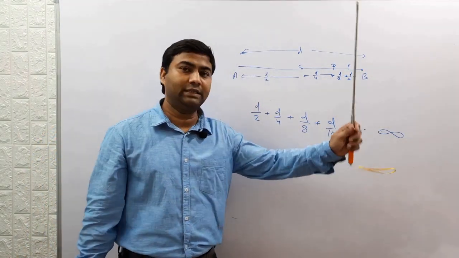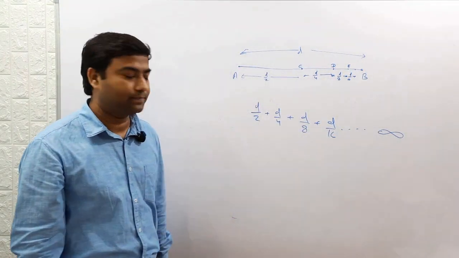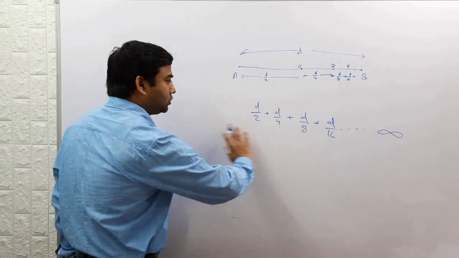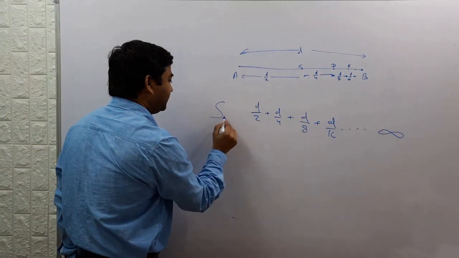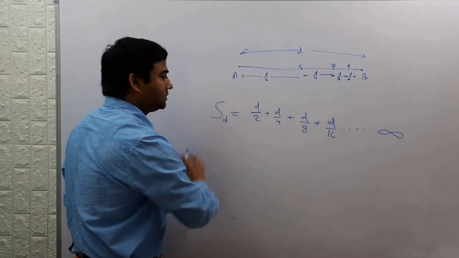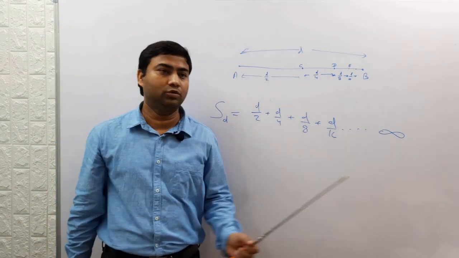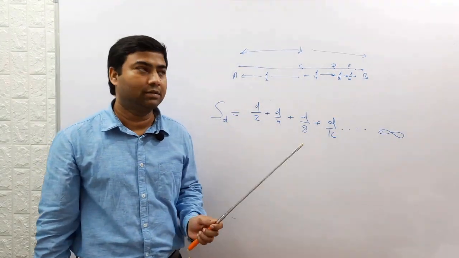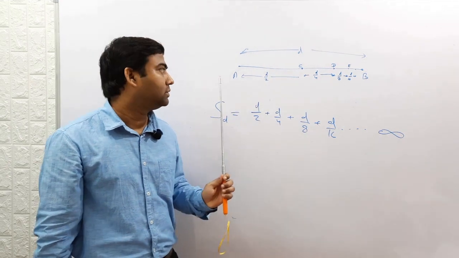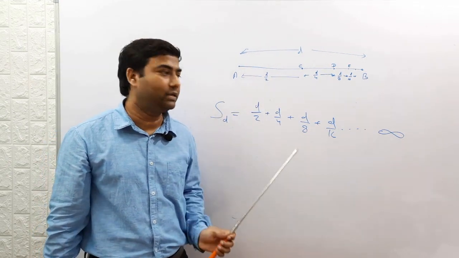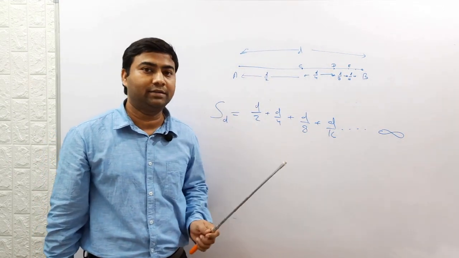This has infinite steps as argued by Zeno. So the total distance is the sum of this infinite series. So how will this person carry out this activity from A to B where the steps are infinite?